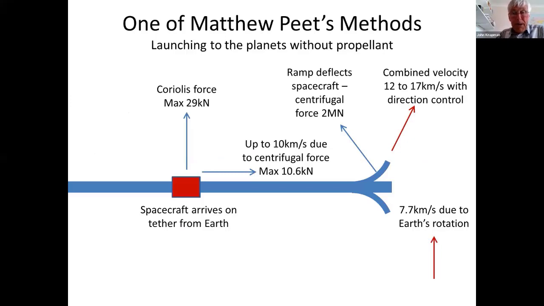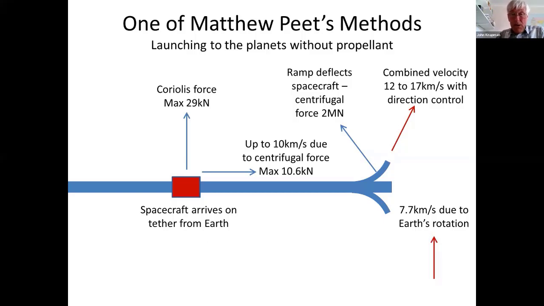So Matthew Peat's method is, first of all, to use the centrifugal force on spacecraft once they get past the geosynchronous altitude, because at that point, the centrifugal force will pull them outwards, and it's possible for them to accelerate as fast as 10 kilometers per second.